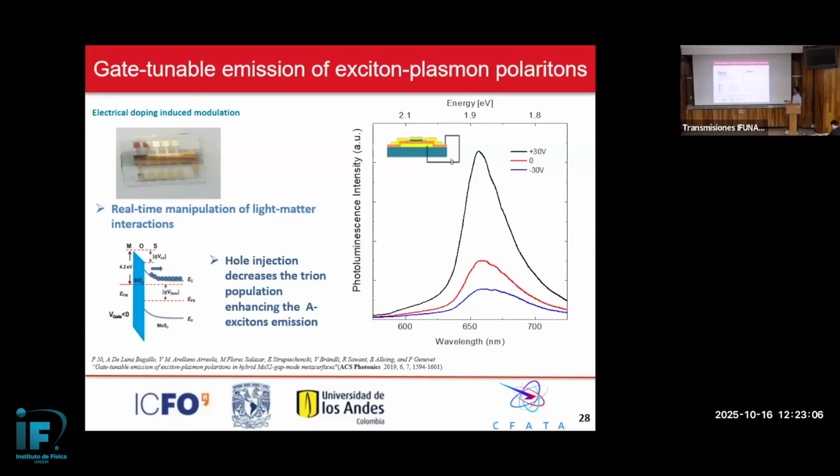This is something that we managed to publish back in 2019, and it is a very good example of what we can do in a nanophotonic device out of transition metal dichalcogenide components. Okay, any questions about that?